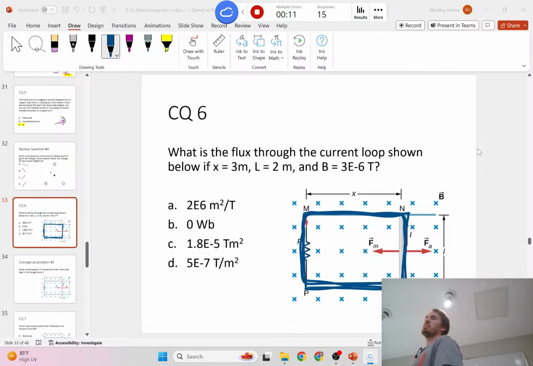This is a very specific case for flux. It's just a classic type of problem to test you understand what's going on with flux. Real world application wise, there isn't one. So this is just, do you understand what's going on? Can you do flux? And we're going to spend a few slides on this specific type of problem.